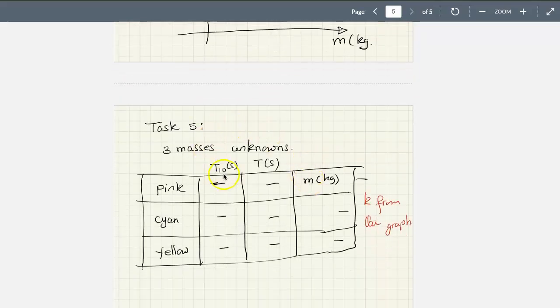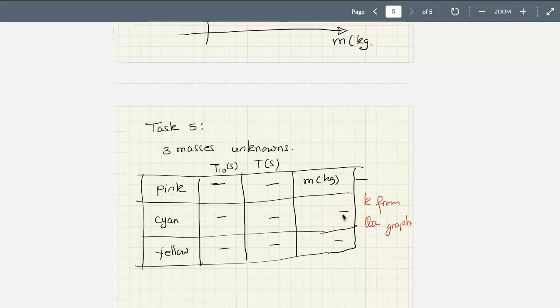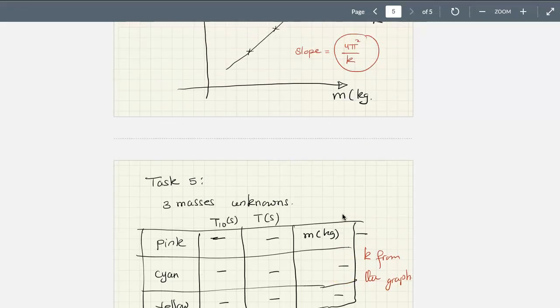Now, of course, here for task 5, we have 3 unknown masses. I have T10 and T, and then I can get K from the graph and substitute it and find what is really the unknown mass, like we did in the examples in the lecture.